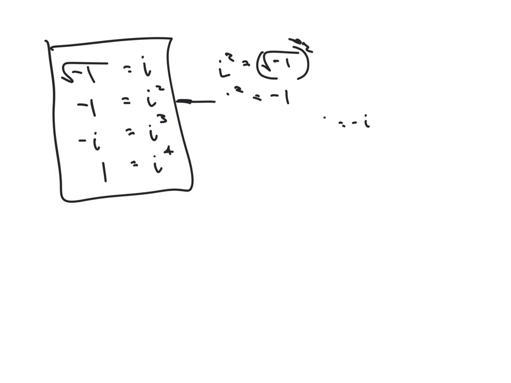Now, what can we do with that? All right, so again, this is just your little tidbit of information. If I went to simplify i to the 30th power, what does that equal? What I do is I take 4 into 30.